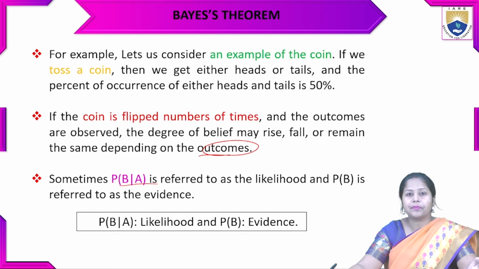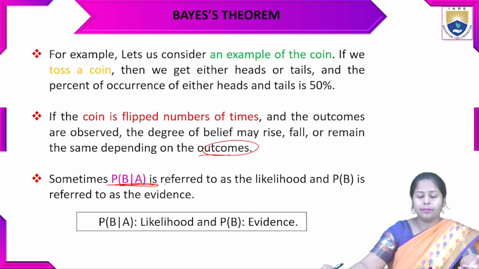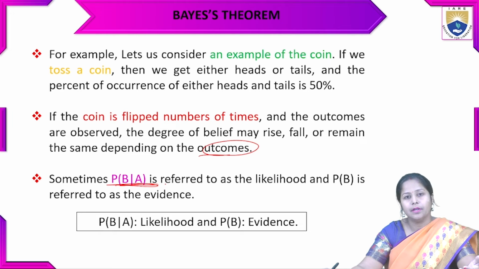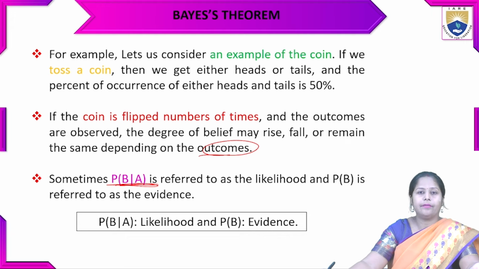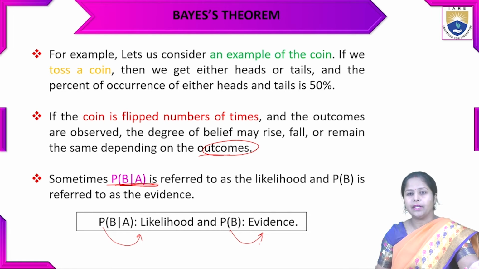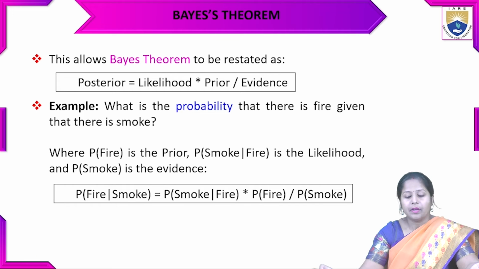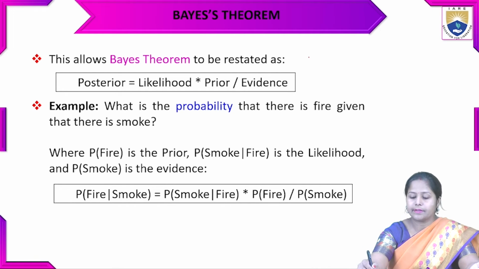That is not the same, that is totally different from the earlier rule we have written. So if we write like that, we will call P(B given A) the likelihood and P(B) the evidence for that event. Now, this is going to allow the Bayes theorem to be restated.